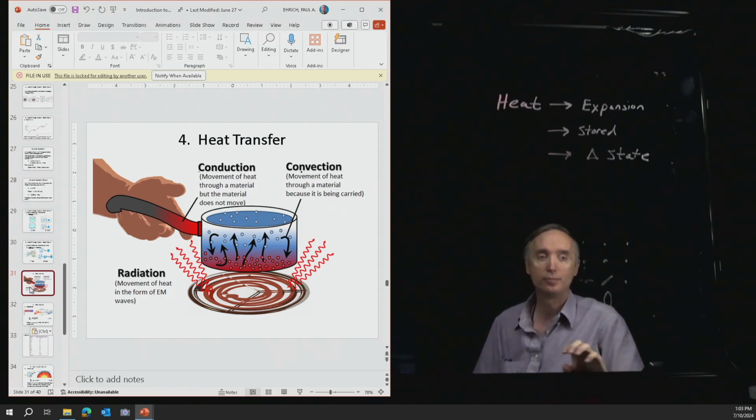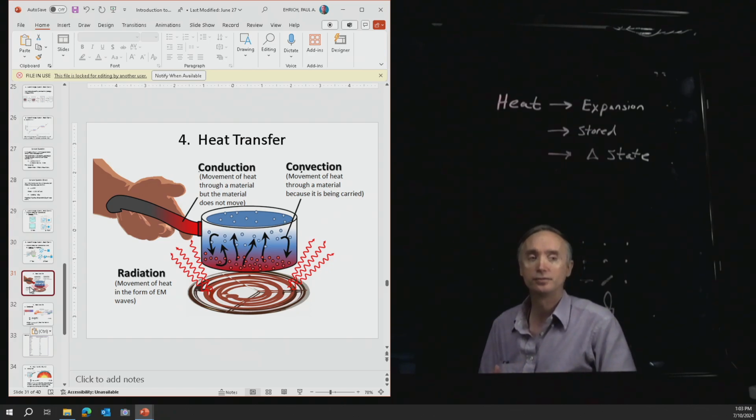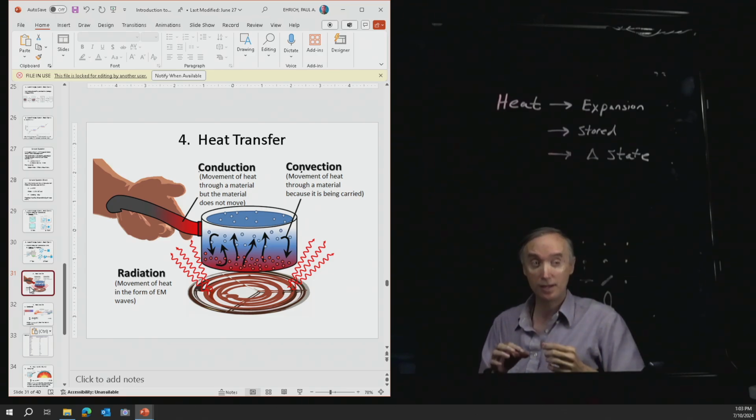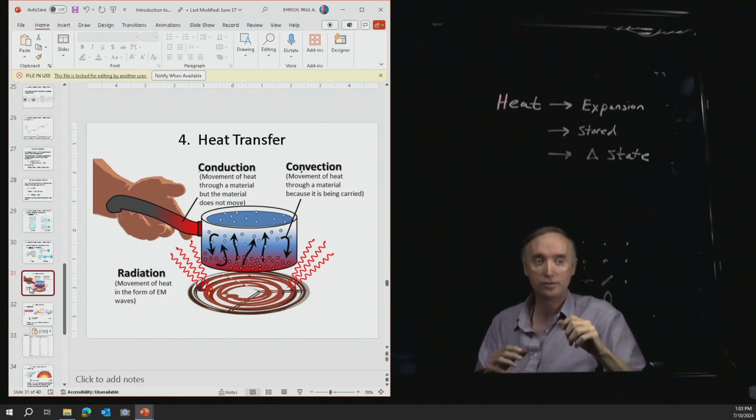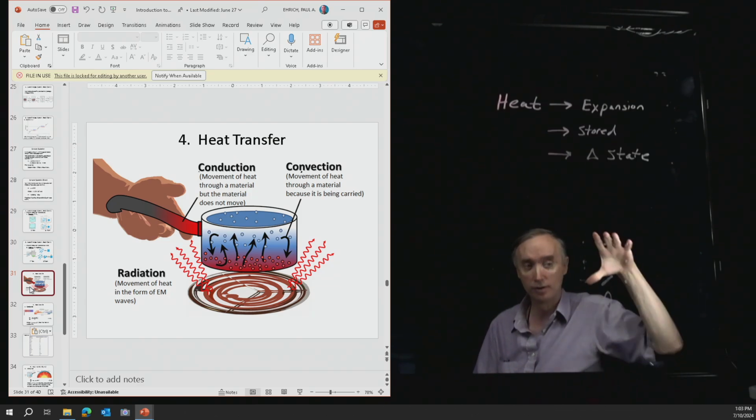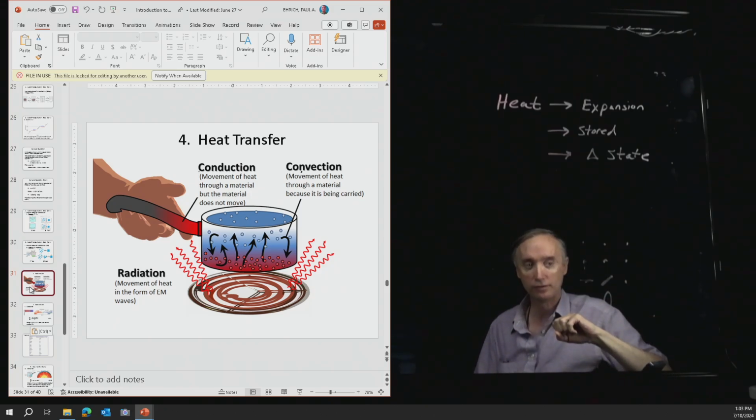So as an example of this, imagine that you're on a camp out, and you're going to put up your tent, and you've got these aluminum tent poles, and you take them out of the bag and you throw them into the grass, and it's a sunny day. And so you go and you stake out your tent, and now you're ready to put those aluminum tent poles in there, and you go to grab one and ooh, you burned yourself.